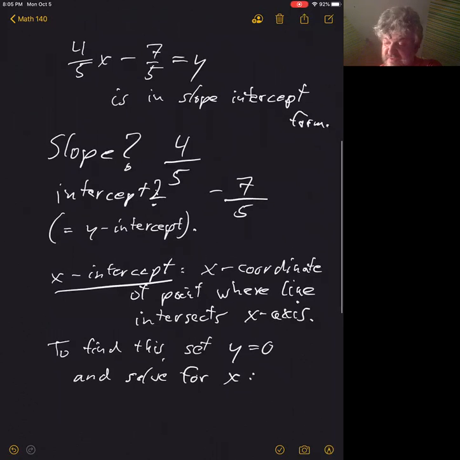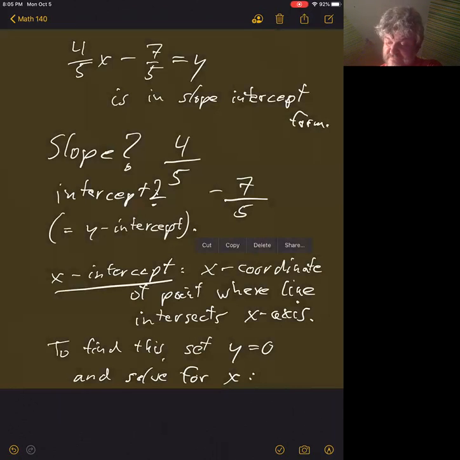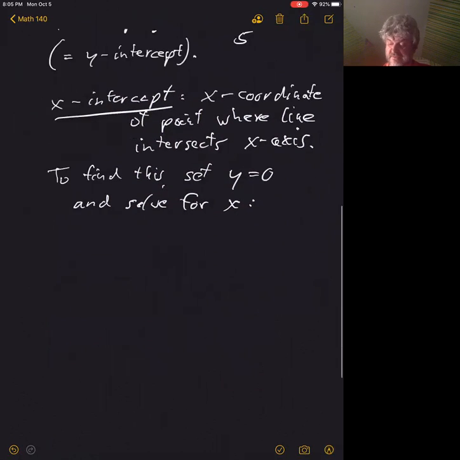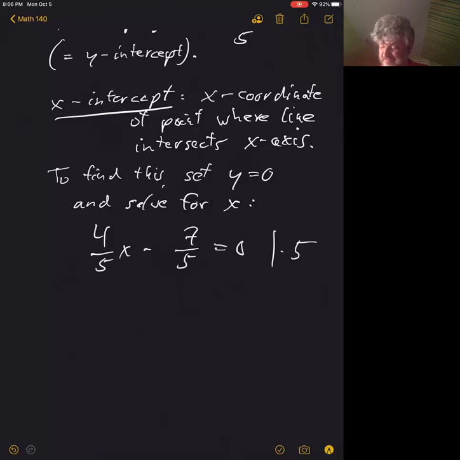Oh, we can do that. We get 4 over 5x minus 7 over 5 is 0. And we multiply by 5, add 7, and then divide by 4. 4x is 7, x is 7 over 4.